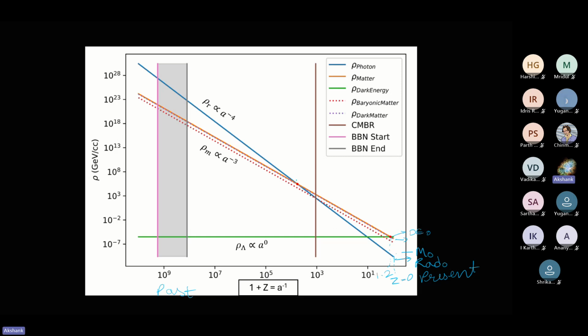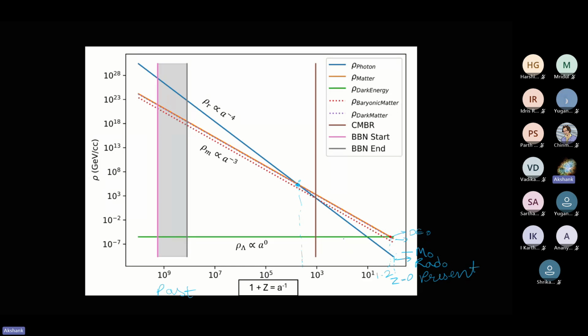And at some point here, there was the matter radiation equality. At this point, radiation was the dominant constituent of the universe. So almost 100% of the universe was radiation. Very little matter, and dark energy was negligible.